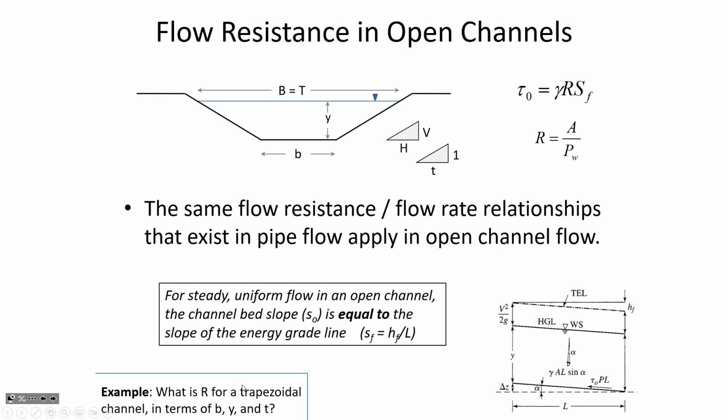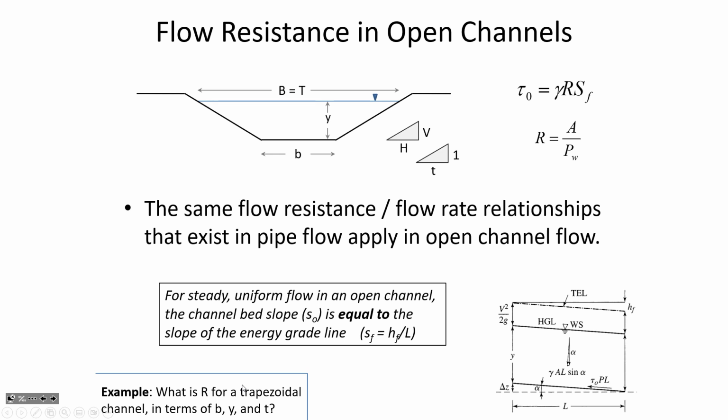So the wetted perimeter is the bottom width B plus 2 times the square root of Y squared plus (TY) squared. And we can further reduce that so that the perimeter is the bottom width plus 2Y times the square root of 1 plus T squared.